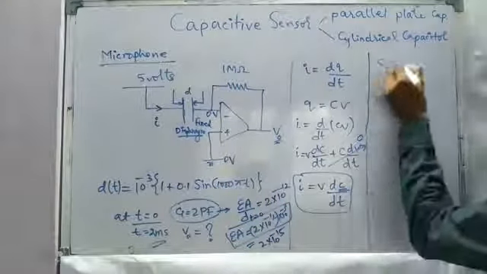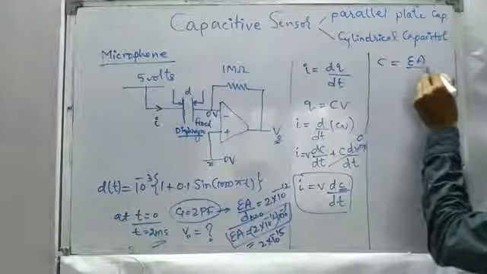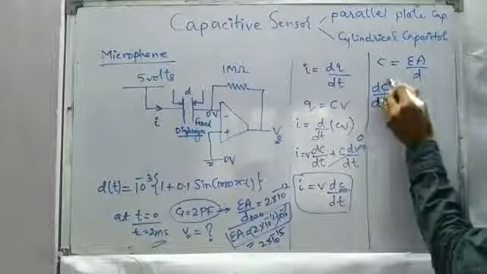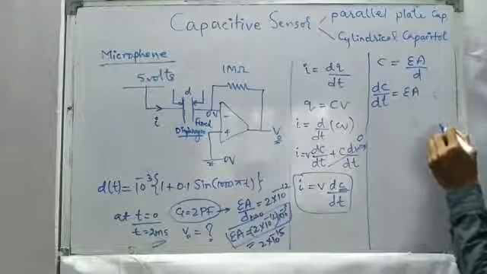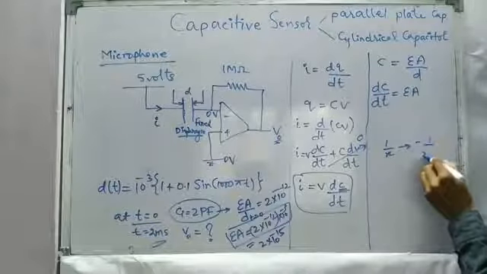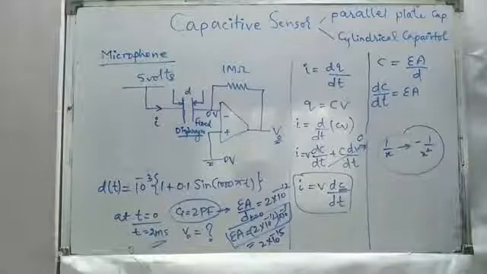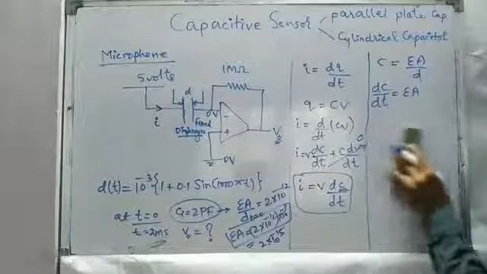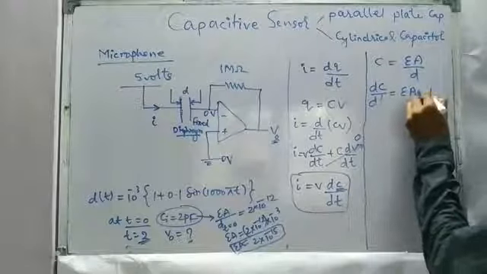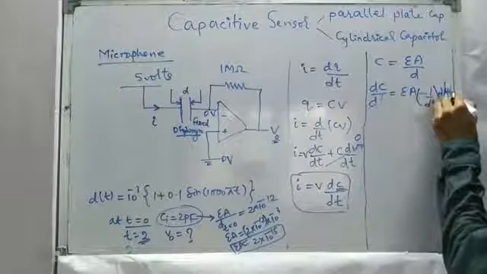As we know, the capacitance is epsilon A by d. So dc by dt: epsilon A is common, and the differentiation of 1 by x is going to be minus 1 by x square. So this will come out as minus 1 by d square into d dash of t.